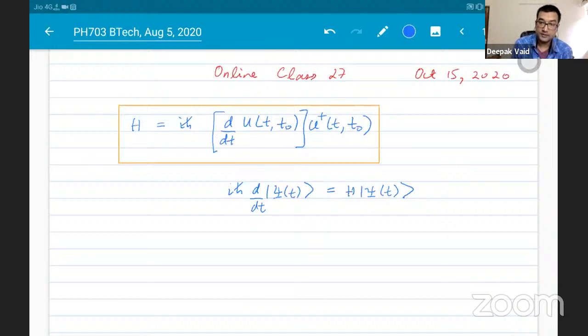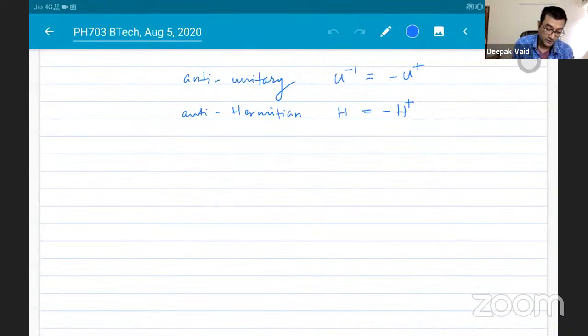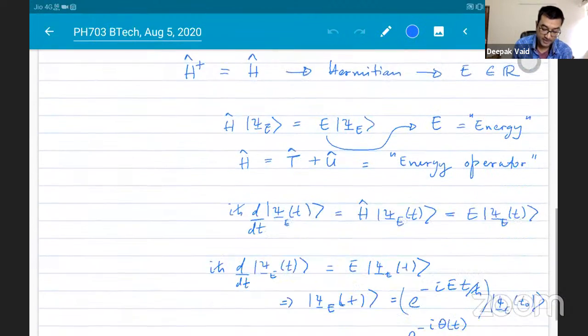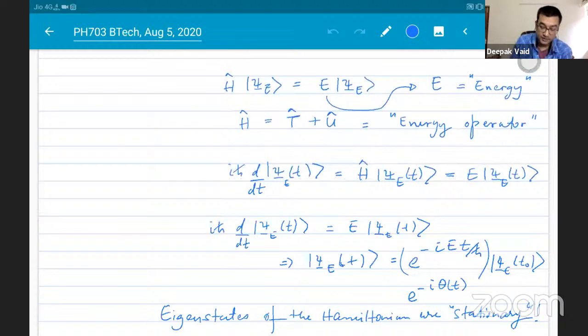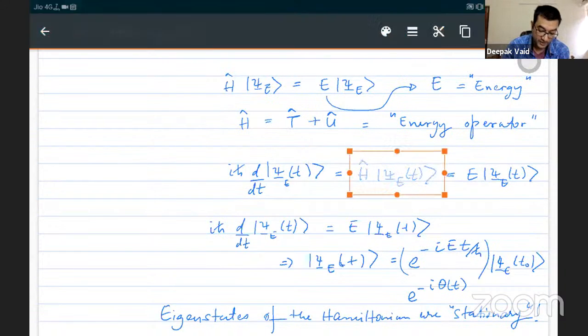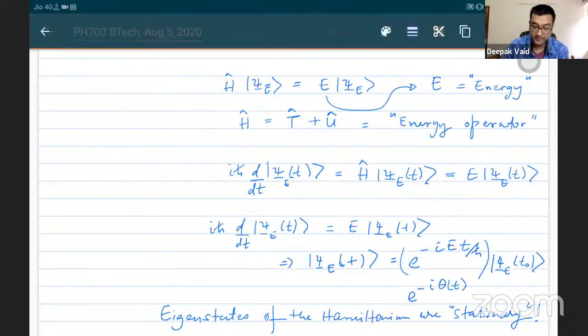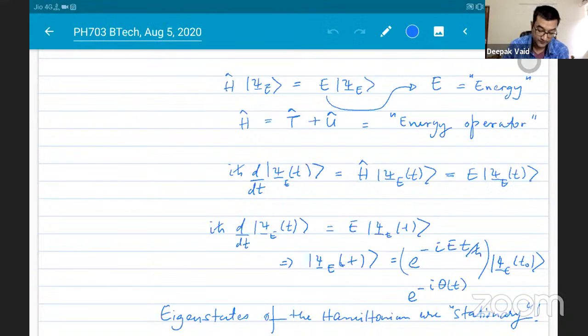Then I talked about what happens when this state psi is an eigenstate of the Hamiltonian. When it is an eigenstate, the action of the H operator on the right-hand side of the Schrodinger equation just reduces to the energy, the eigenvalue, multiplied by the state.